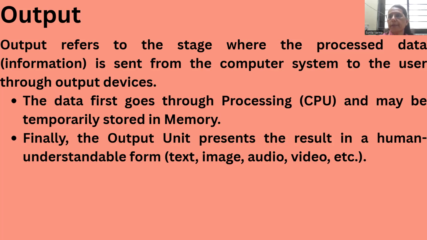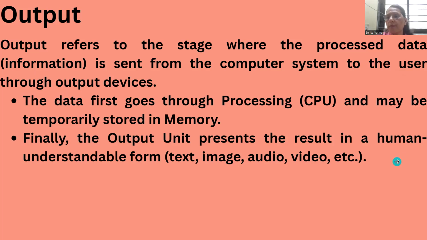After processing of the data, after generating the result, it goes to the storage, and from the storage it goes to the output device. We can use a speaker also as an output device because it is generating audio information, or we can see the image, or we can see the text.